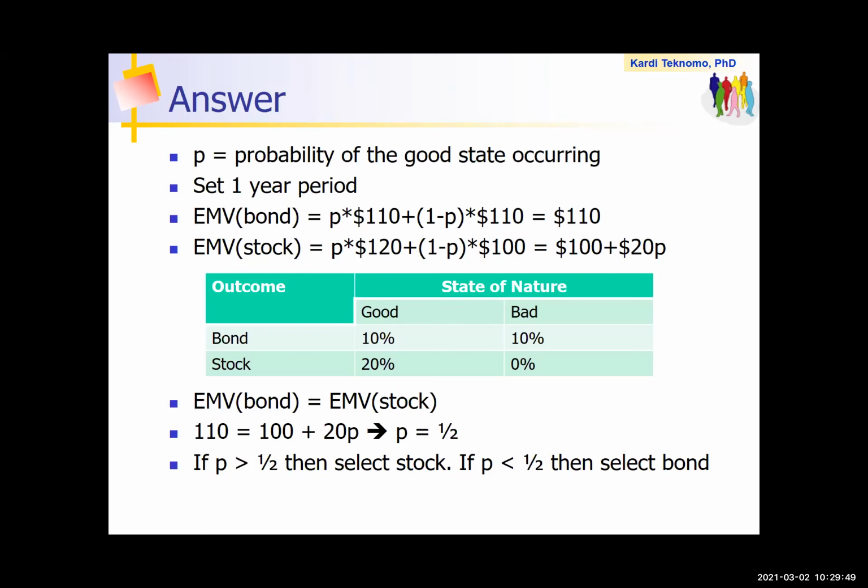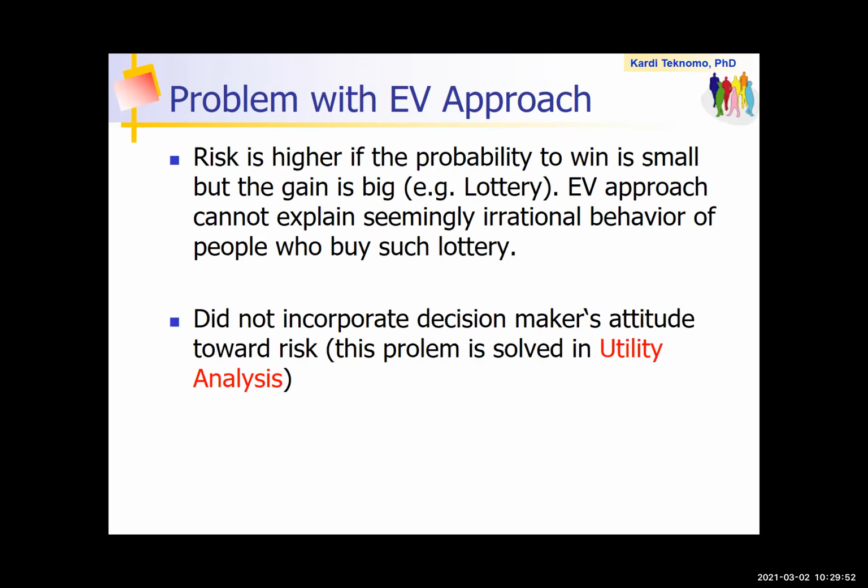Like what Lillian did. Now, there's a problem with this approach. One problem is that at a certain probability you cannot decide because they are equal. Another problem is that certain risk is higher if the probability to win is actually small. For example, in lottery, the probability to win is very, very small, but the gain is very big.